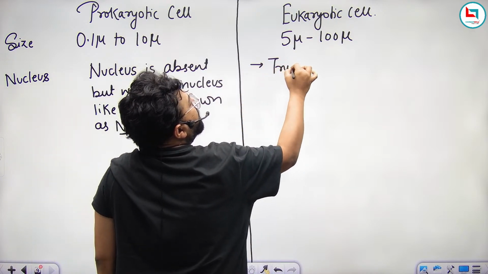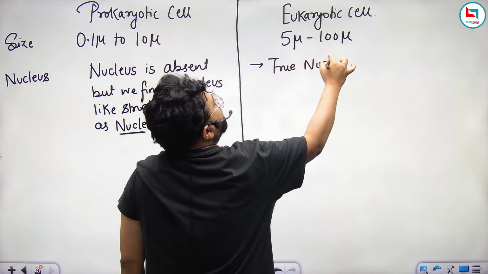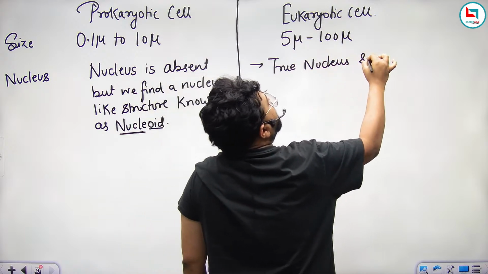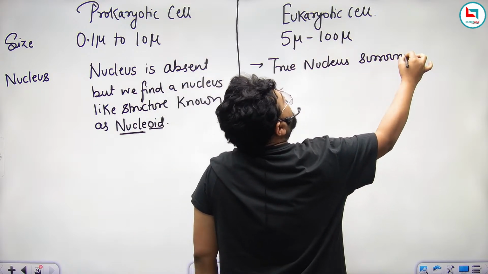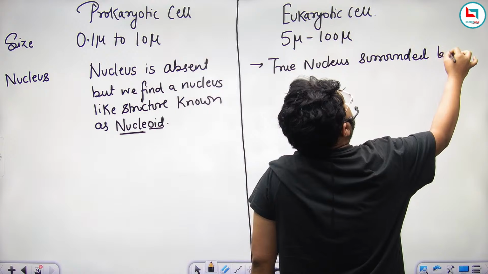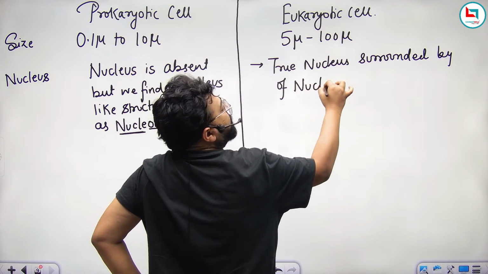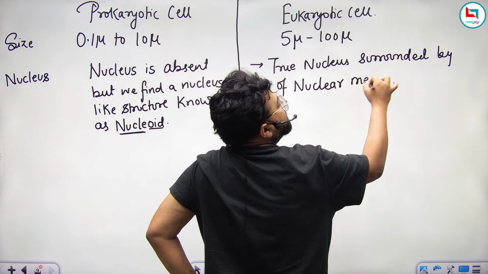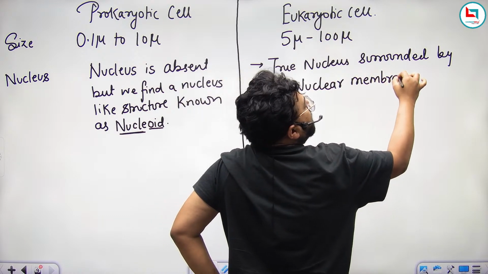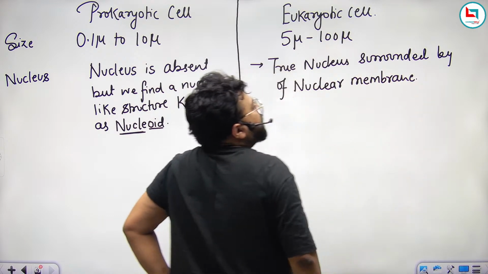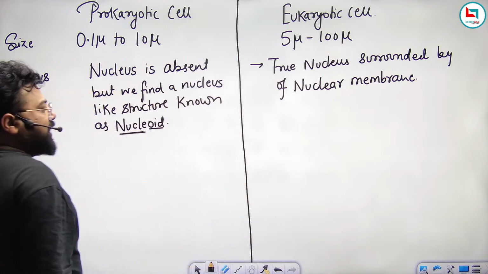In eukaryotic cells, we find a true nucleus surrounded by a membrane, the nuclear membrane, which encloses the nuclear material.